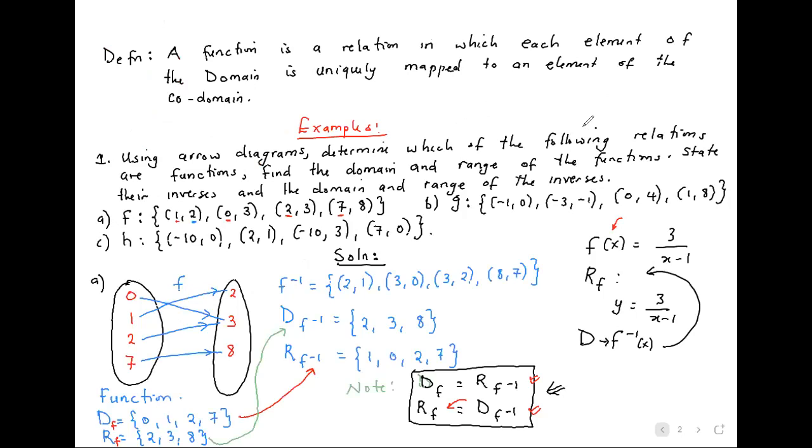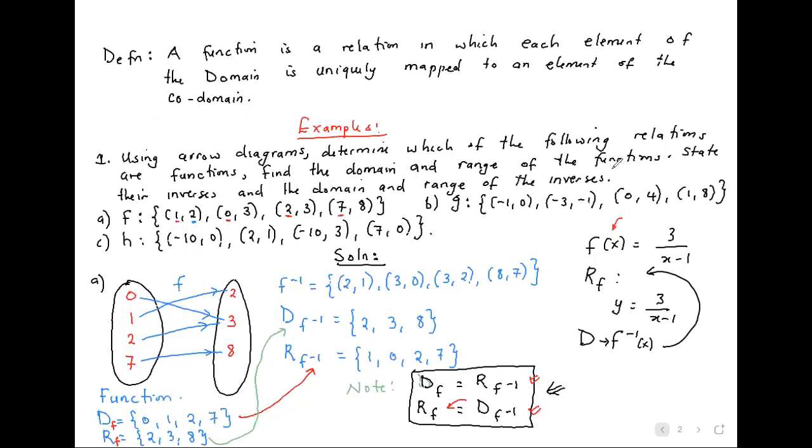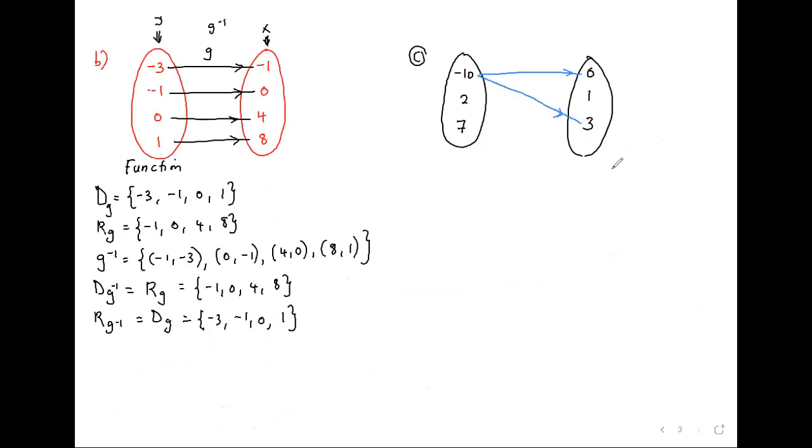Then we have -10 going to 0, and the same -10 going to 3. And then 2 going to 1, 7 going to 0.